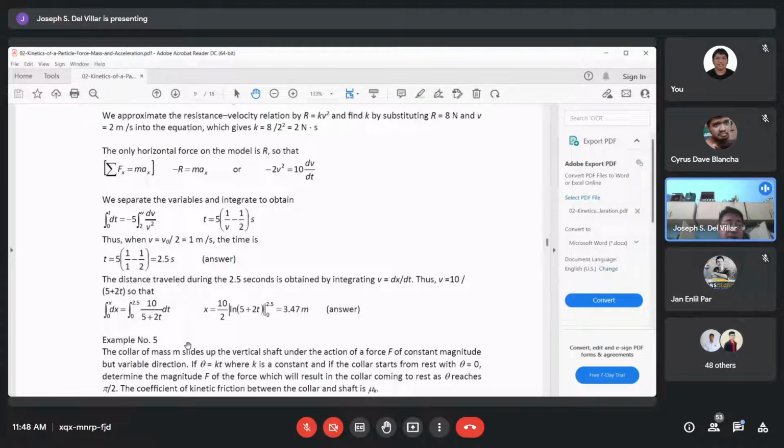Since we already have v, right? Which is, what is our v? This one, we integrate this. No? Okay? So the integral of the denominator is 2 dt. But it doesn't have a 2, there is a 10 there. So take out the 10, introduce a 2, introduce a 1 half.